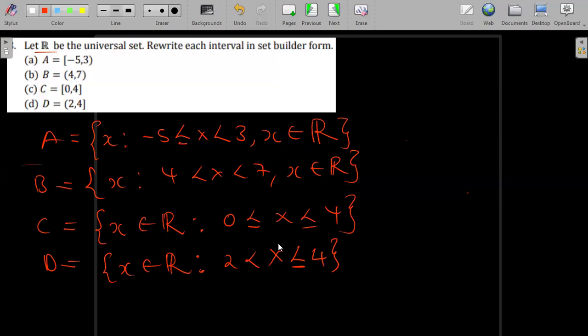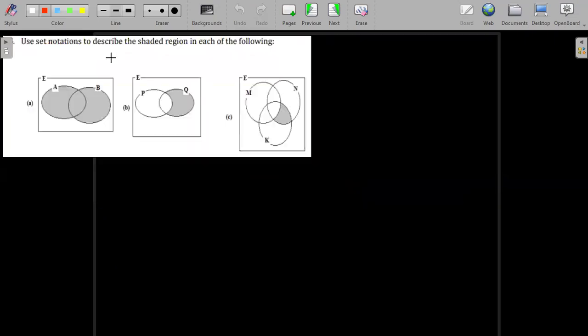All right, so I'm going to move on quickly to the next part of the questions. This here is the next part of the question, telling us to use set notation to describe the shaded region in each of the following.